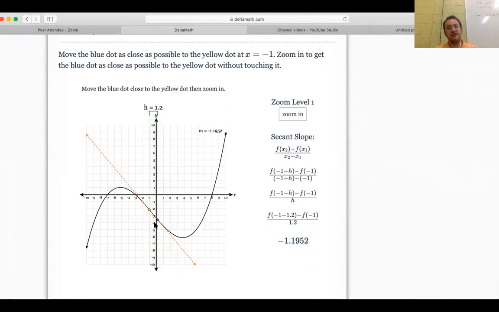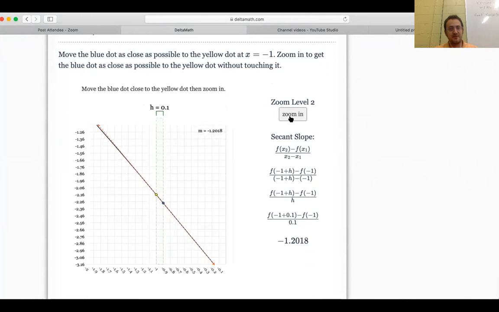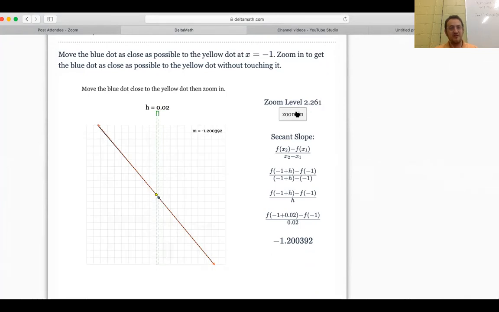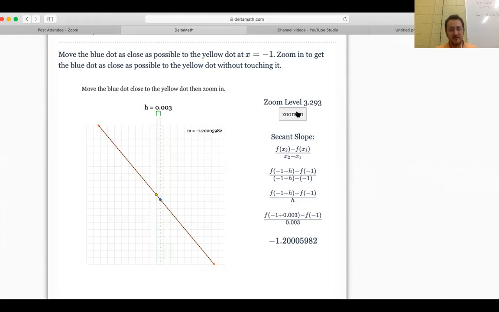So it's actually doing it for you. And your goal is to get this as close as possible. And then you're going to zoom in. And you can see that you're getting microscopically close to the slope of the actual line. And this is the ideal that we call the slope of the tangent line approaching.